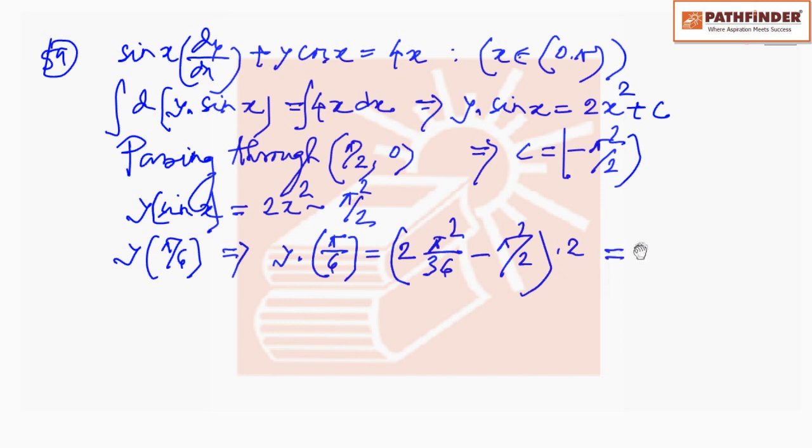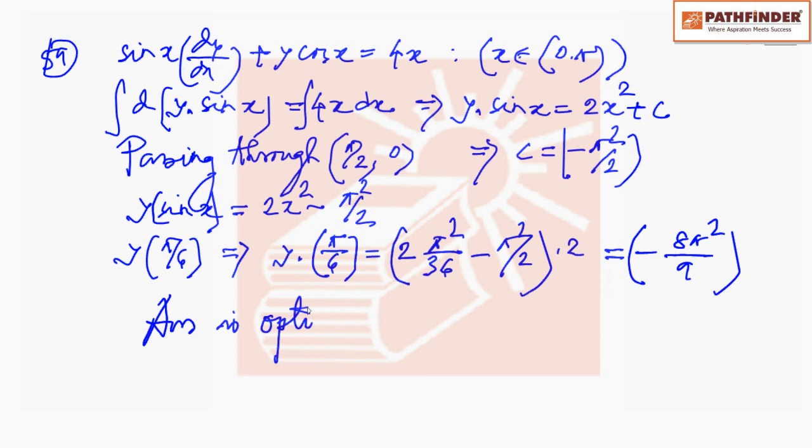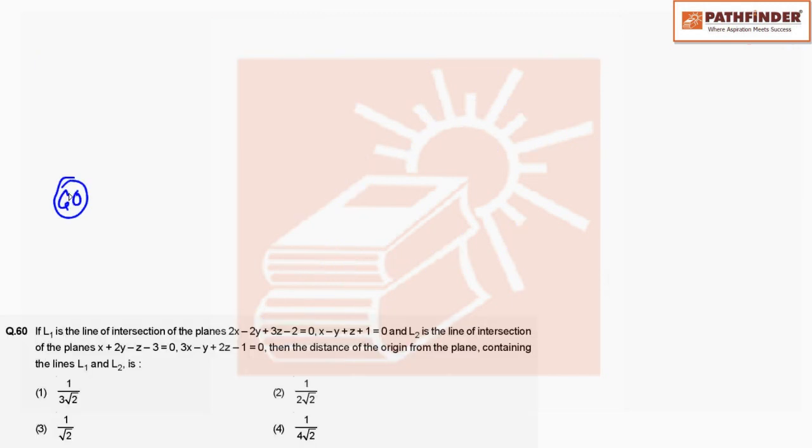So the answer is minus 8 pi square by 9. Hence the answer is option 2, minus 8 pi square by 9. This is option 2.